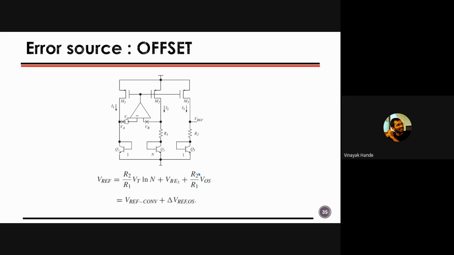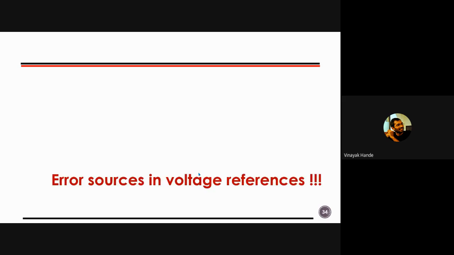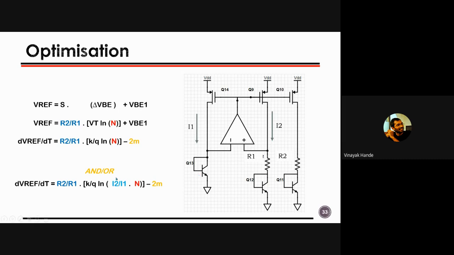There are multiple ways to tackle those problems. One way is whatever optimization we have seen, right? You can reduce the value of R2 divided by R1, that means reduce the value of S. Then we know how we can reduce the value of S. For reducing the value of S, or this R2 by R1, either you have to increase the ratio between I2 by I1, or you have to increase the area of this transistor, right?